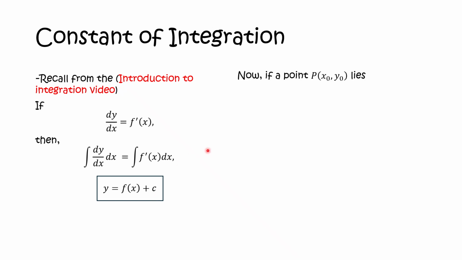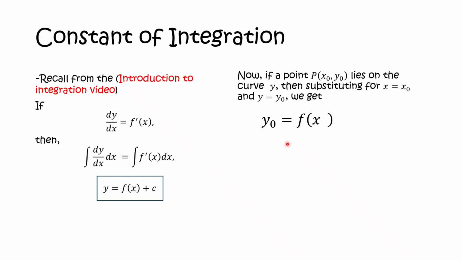Now, if a point P with coordinates x0, y0 lies on a curve y, then substituting for x with x0 and for y with y0, we get y0 is equal to f of x0 plus c.